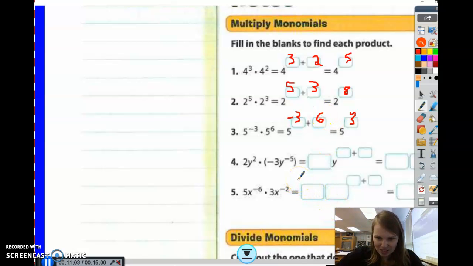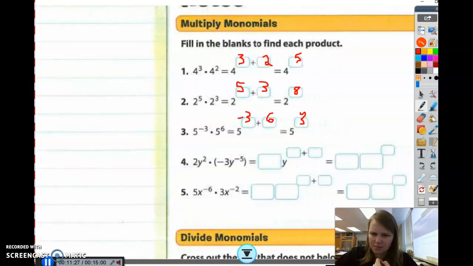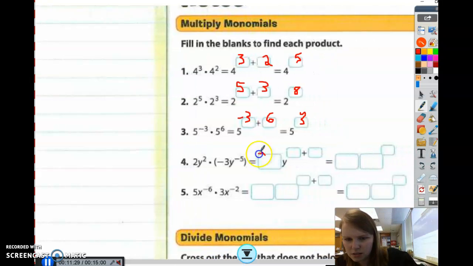Alright, let's do this. So this is saying what is everything out in front? We've got a 2y squared and a negative 3y to the negative 5th power. So we already have the y represented. Let's put that stuff out in front. 2 times negative 3. Alright, and then the exponents are positive 2 and a negative 5.